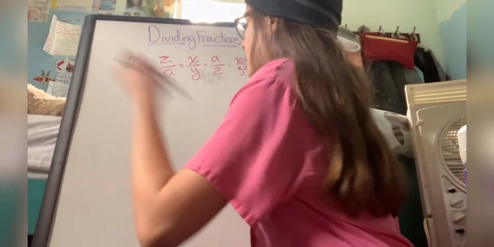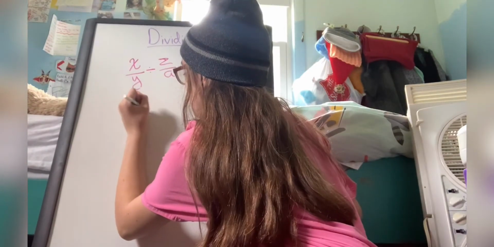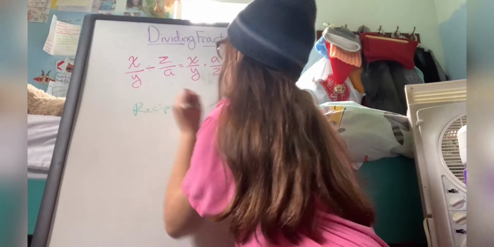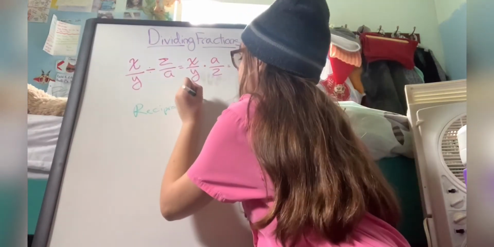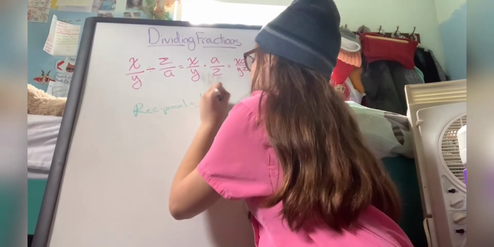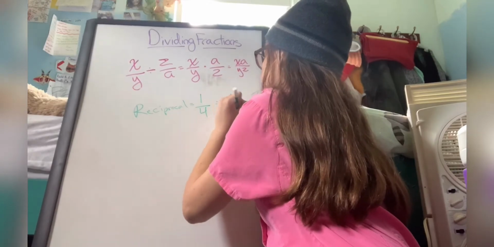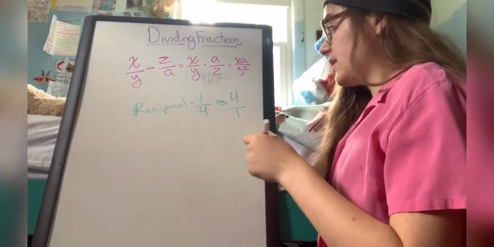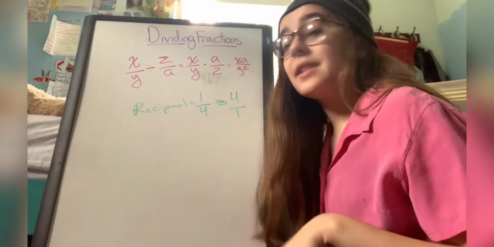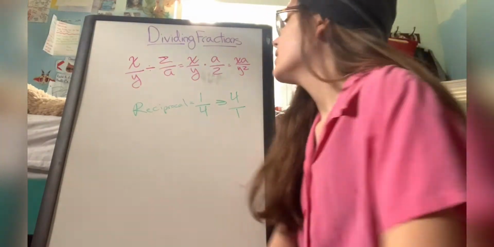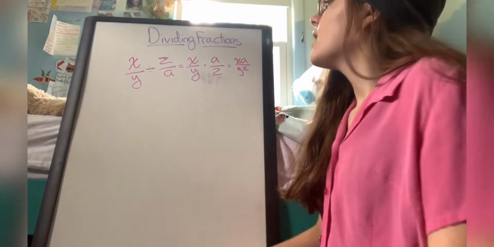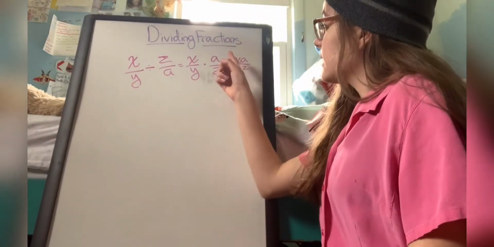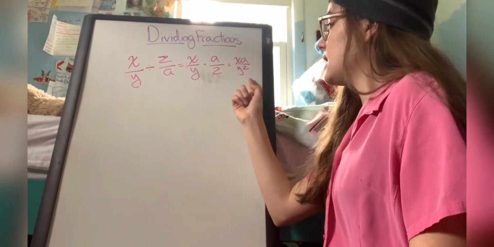A reciprocal is a fraction that is flipped over. For example, for 1/4, the reciprocal is 4/1. So the opposite of a fraction is when a fraction is flipped over. So ultimately, x over y divided by z over a is x times a over y times z.